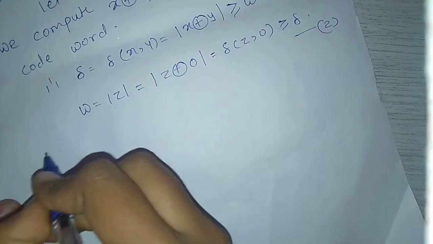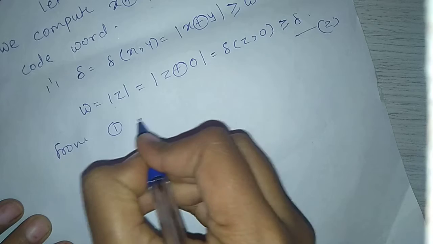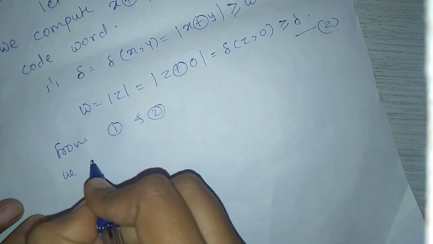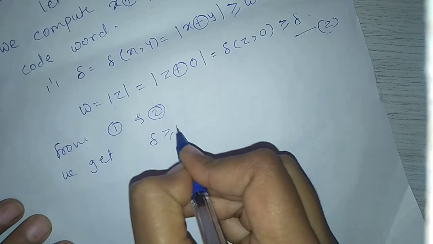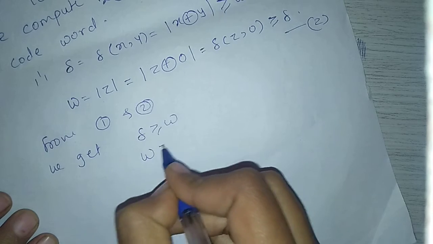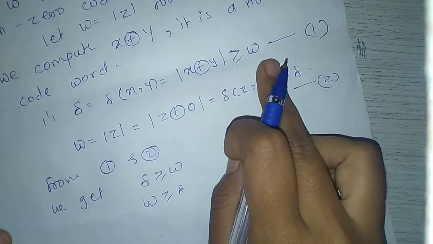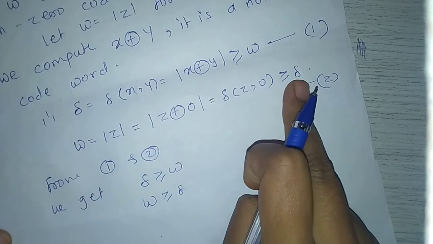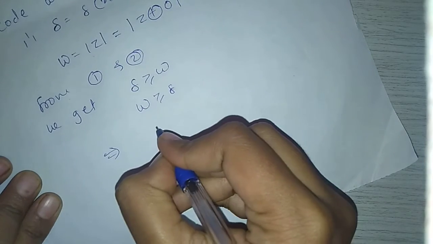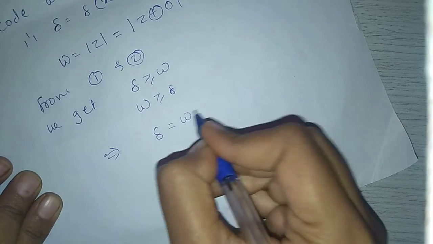From 1 and 2 we get delta greater or equal to w and w greater or equal to delta, which implies delta equal to w.